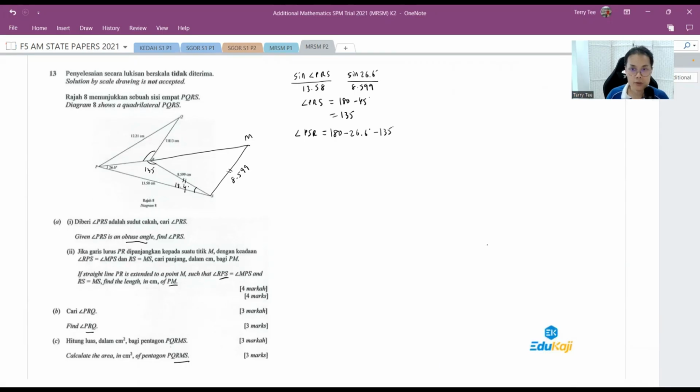If I know this is 18.4, I can now find the length of PR. I can use the sine rule. In fact, you can also use the cosine rule, but I think the sine rule is easier. Let's take PR divided by sine 18.4, equal to this length here. You can use 8.599 divided by sine 26.6, or you can even use 13.58 divided by sine 135.